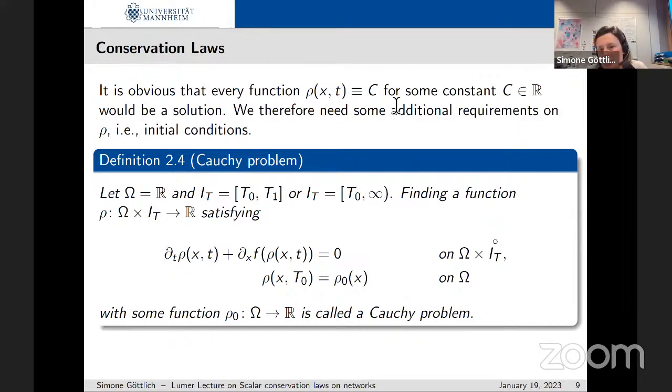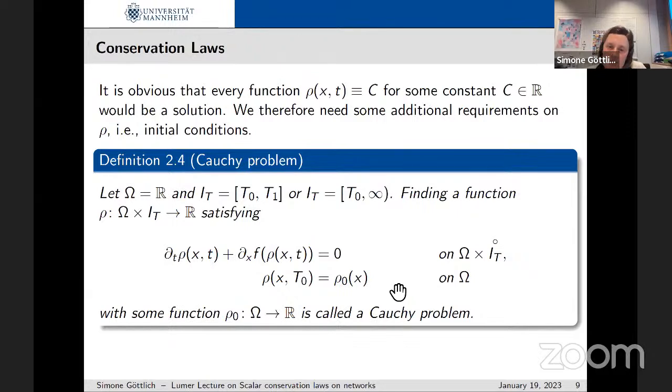So we need additional requirements on the density rho, like, for example, initial conditions. Whenever our conservation law is equipped with an initial condition, we call it a Cauchy problem. Therefore, again, we restrict to a domain here and some time interval of these types. This would be our Cauchy problem, and this rho 0 would be our initial condition.